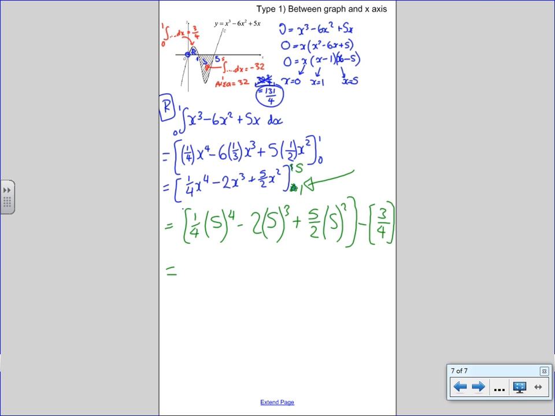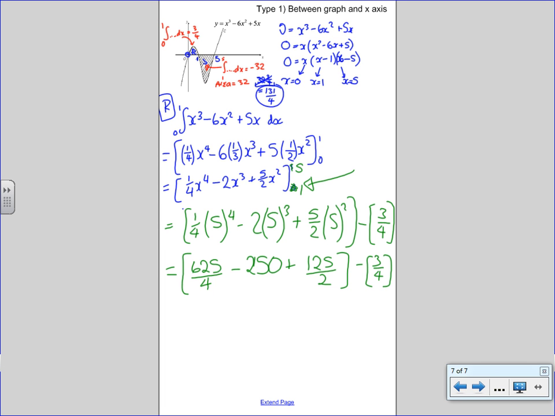Apparently 5 to the 4 divided by 4 is 625 over 4, 5 cubed times 2 is 250, and 25 times 5 divided by 2 is 125 over 2. So we're doing 625 over 4 minus 250, add 125 over 2, minus 3/4.